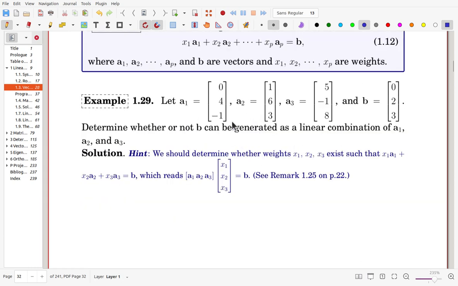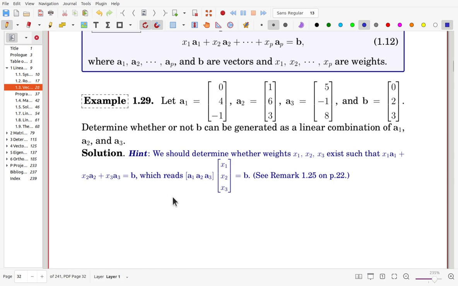A1, A2, A3 are given in this way, and B is given here. Determine whether or not B can be generated as a linear combination of A1, A2, A3.